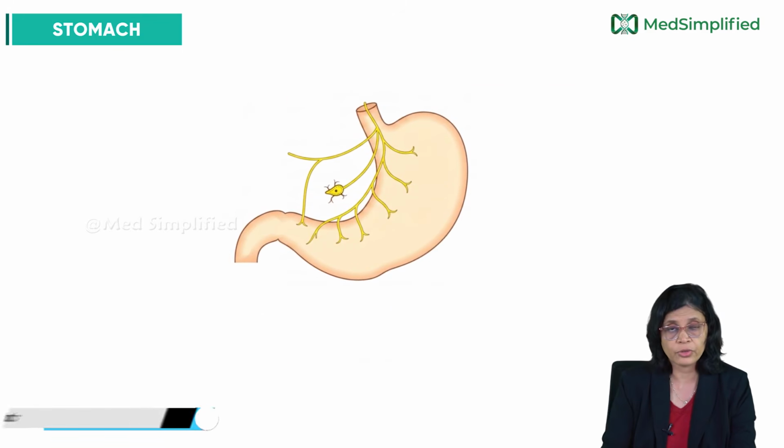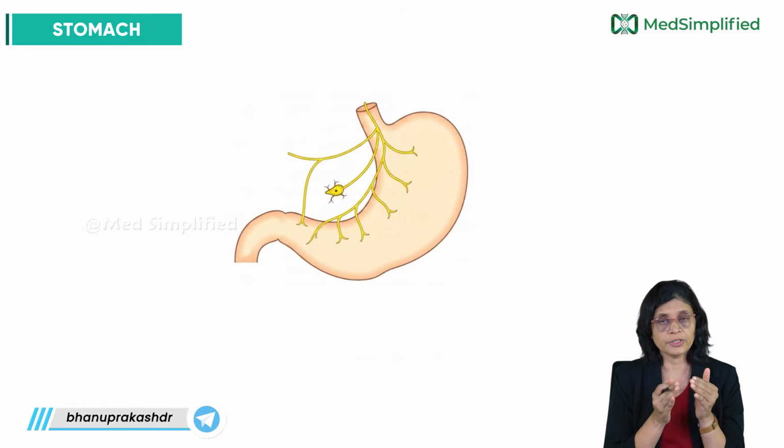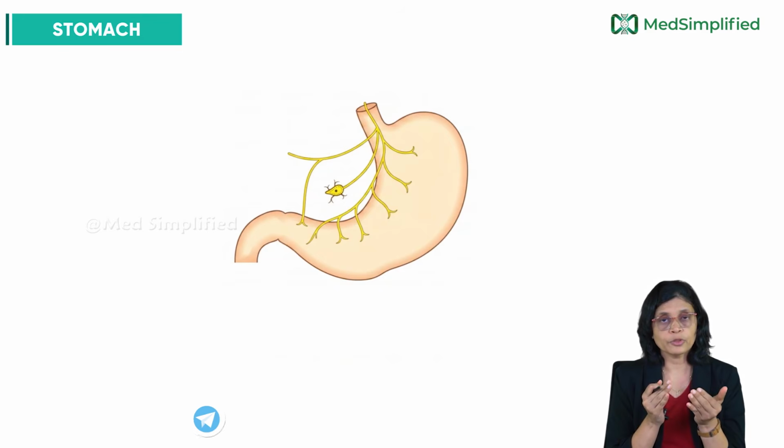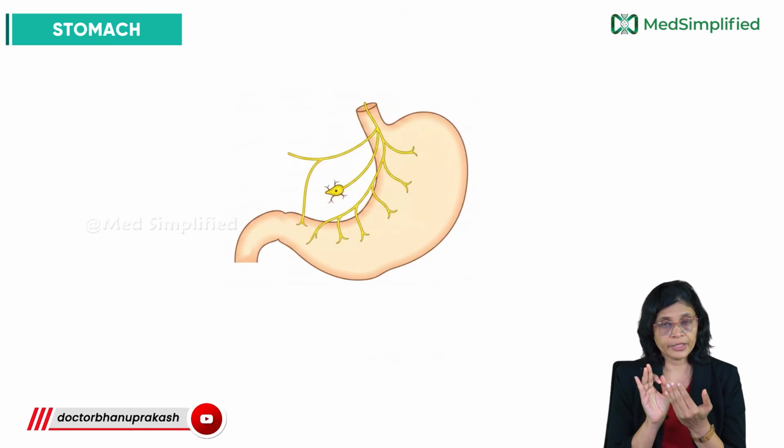You have to remember that because of the rotation of the stomach during development, the anterior vagal trunk is nothing but the left vagus and the posterior vagal trunk is the right vagus. So the right becomes posterior and the left becomes anterior.